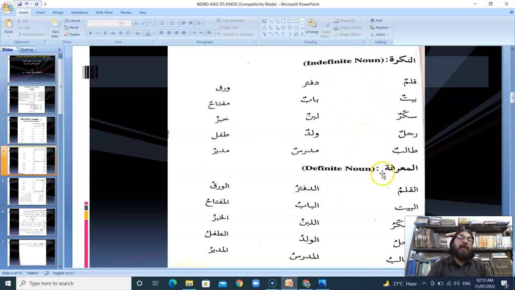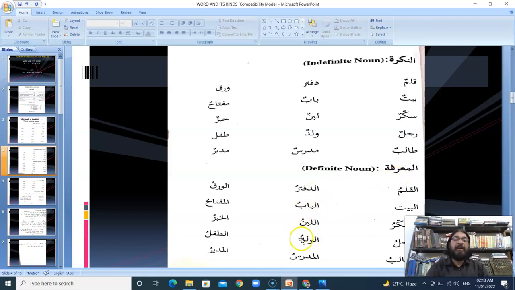Then after, al-ma'rifatu, definite noun. Just keep in your mind, if alif lam is there in the beginning of the word, that alif lam is an indication of a proper noun, which is called in Arabic al-ma'rifatu.